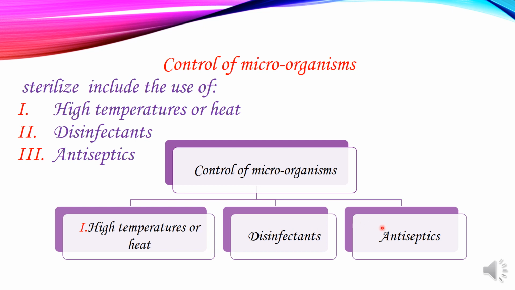The third option is antiseptics. So control of microorganisms in short is sterilization, through these three ways. We will see each of them in the next classes.